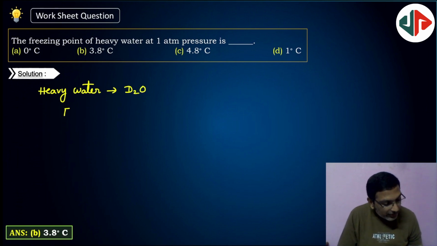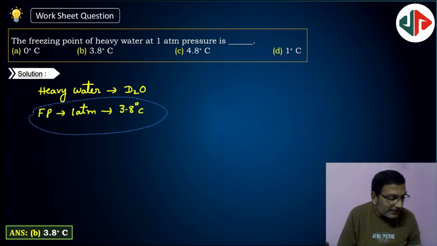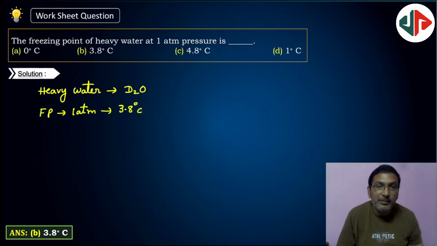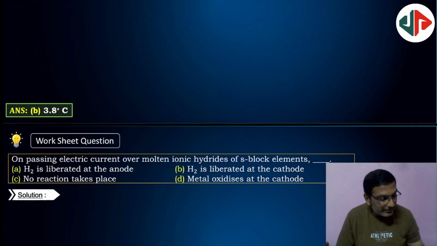So freezing point at 1 atmosphere will be 3.8 degrees centigrade. For normal water freezing point is 0 degrees centigrade, but for heavy water 3.8 at 1 atmosphere. Therefore option B. Direct property.